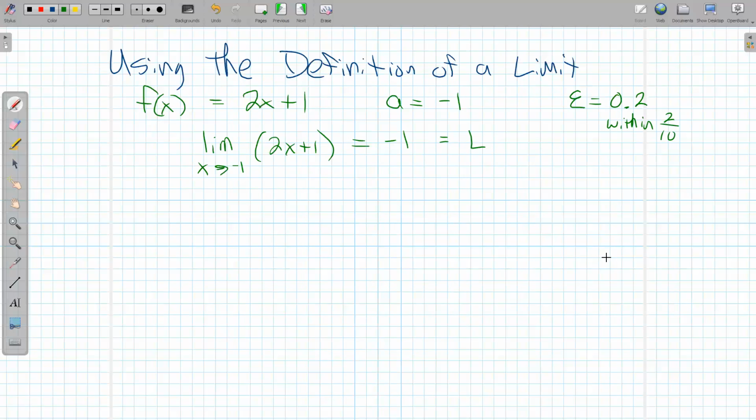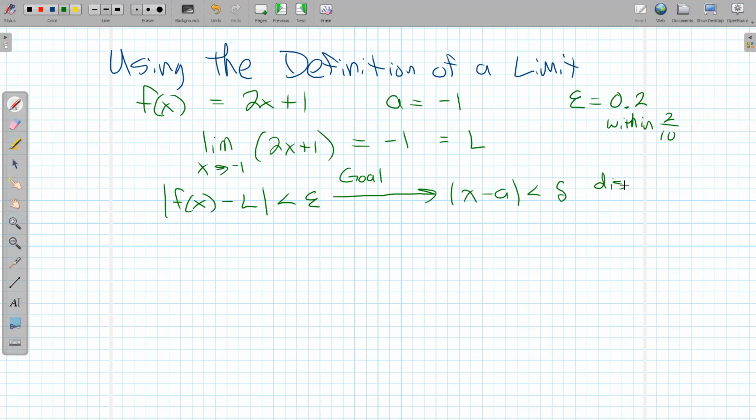So the way it works is we start off with the latter part of the definition, the part that says the absolute value of f of x minus L is less than epsilon. And our goal is to turn that into the absolute value of x minus a is less than delta, so that we can discover delta.